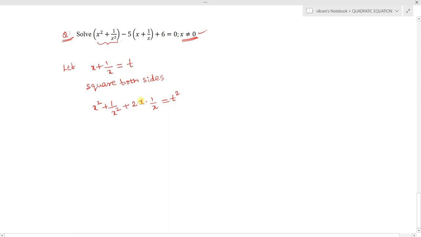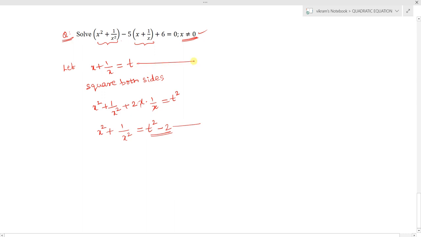So we can write it as x square plus 1 by x square plus 2 equals t square, and x square plus 1 by x square can be written as t square minus 2. So we assumed x plus 1 by x equals t, and we retrieved that x square plus 1 by x square equals t square minus 2.